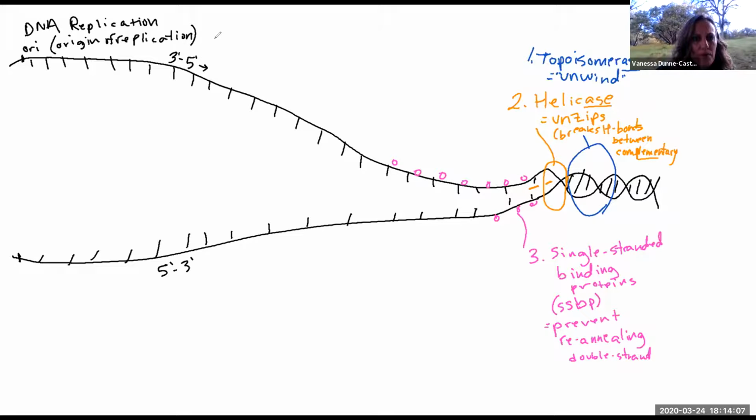Now, importantly, let me just write down a couple notes here. An important thing to note is that DNA replication occurs in one direction only.